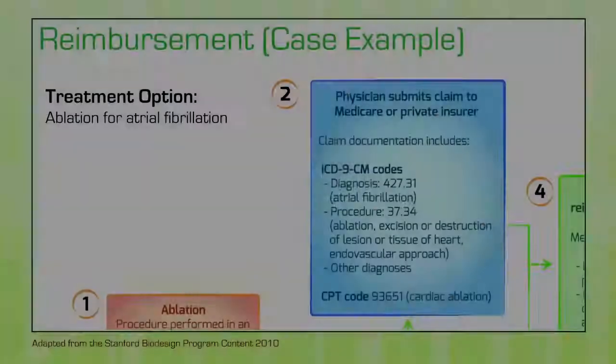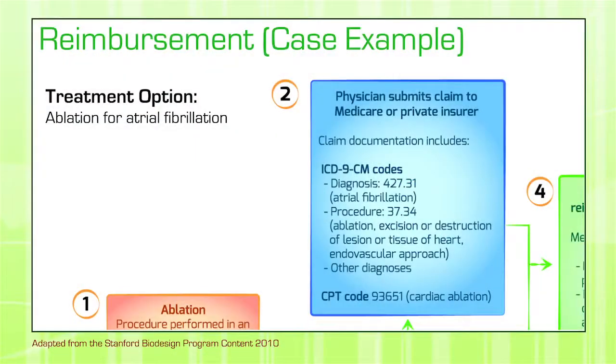Let's take a look at case 2 in this part. A physician submits a claim to Medicare or Medicaid, or even a private insurance, for a procedure regarding the ablation.